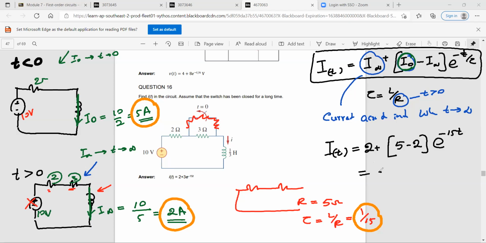So this will be 2 plus 3e to the power minus 15t. Am I right? Yeah, that's okay. So any question?